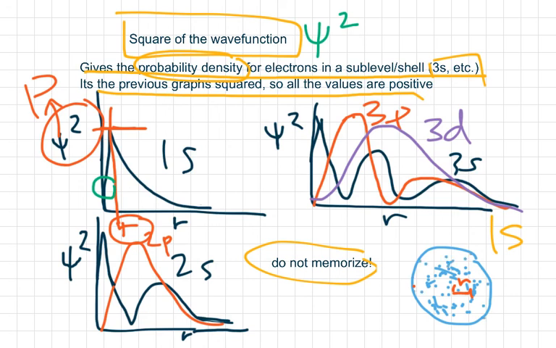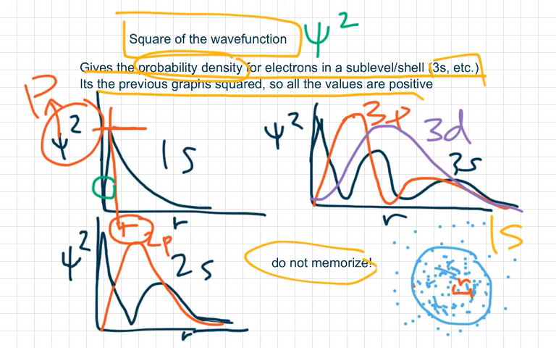So as you go farther and farther away from the s orbital, notice how the electrons are getting more dispersed and less abundant. So this diagram isn't showing you the number of electrons there are, it's showing you the chance that the electron will be there based on how many electrons there are.